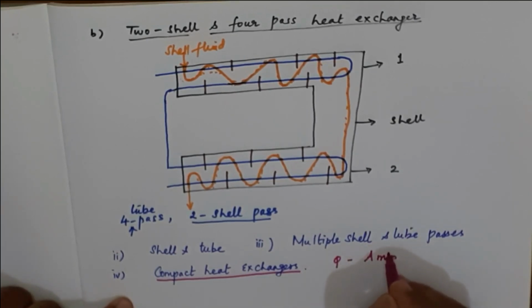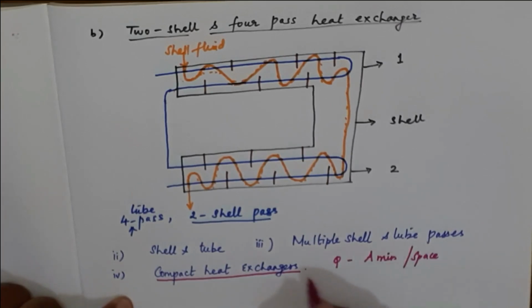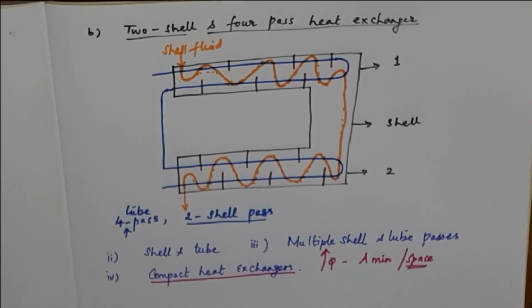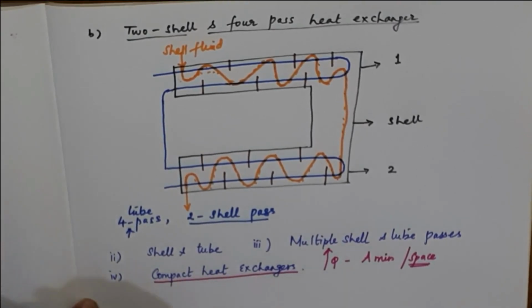The area of the heat exchanger should be minimum, or the space occupied by the heat exchanger should be minimum. In industries, space is a constraint. So you have to design a heat exchanger which will occupy minimum space and give maximum heat transfer. So that is called compact heat exchangers.